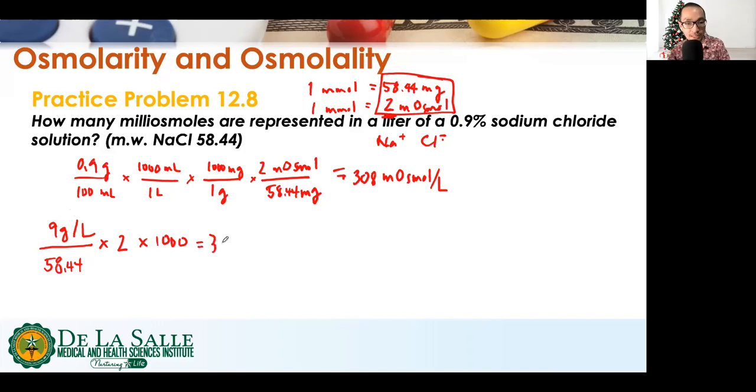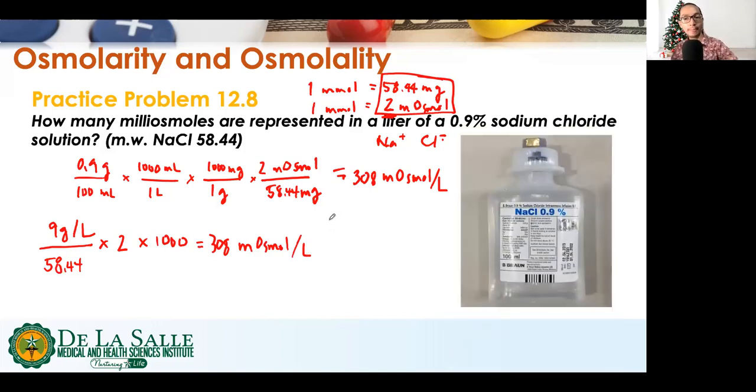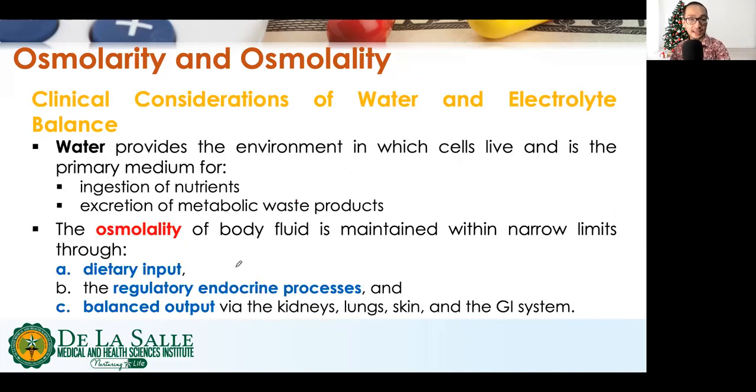So it should give you the same answer, 308 milliosmoles per liter. Okay? So that's how we compute for the osmolarity of your normal saline solution, which is actually written also in the label of your normal saline solution.